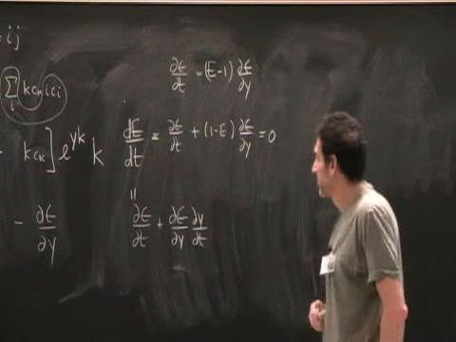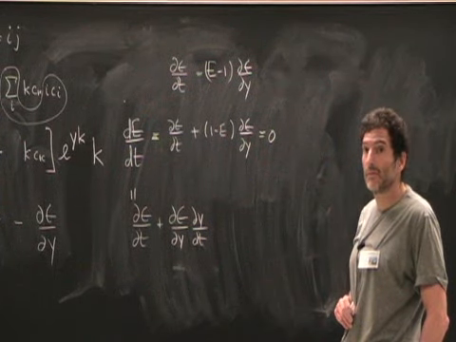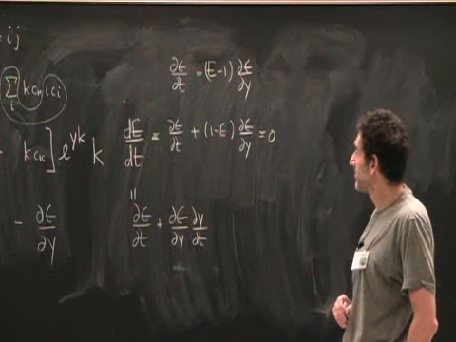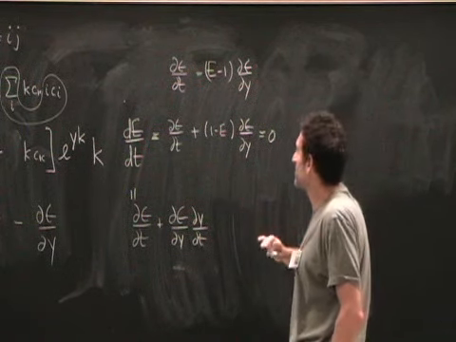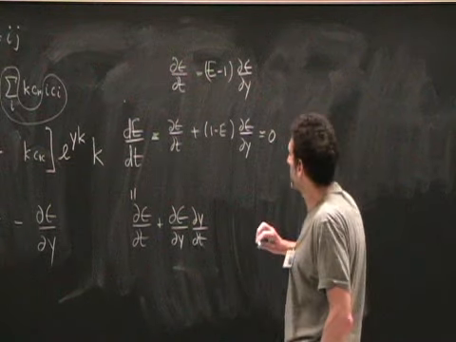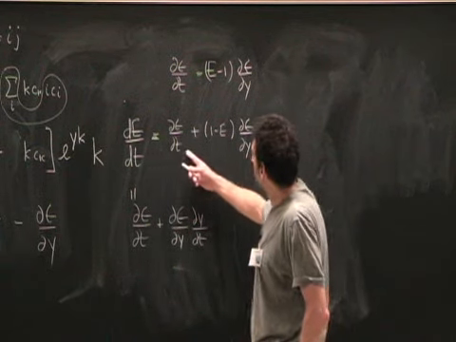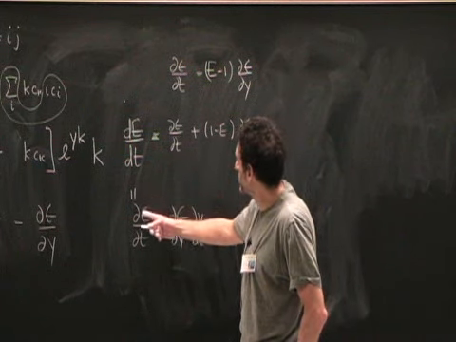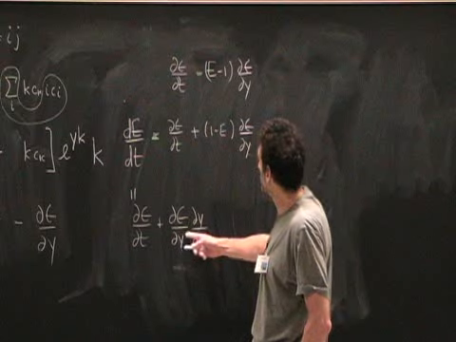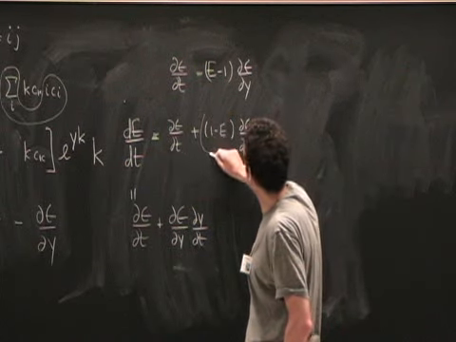Is there any reason you can't just change e minus 1, call it a new variable, to count that by 1? You could do that, but I think this will work just as well. The point here is that by writing it in this form, as a total time derivative, there's the partial derivative with respect to time, and then there's a second thing.